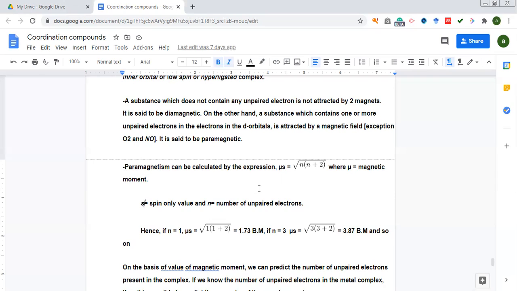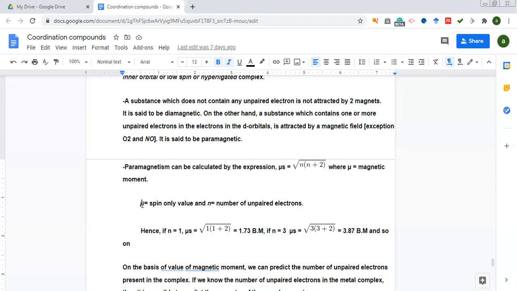Why? Because the electrons of the central metal atom are not influenced by the ligands. So L is negligible, and magnetism depends purely on the spin quantum number of electrons.